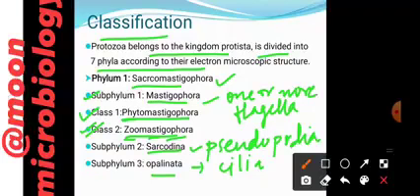Mastigophora is further divided into two classes, Phytomastigophora, where chloroplast is present, and Zoomastigophora, where it is absent. They may be free living, symbiotic or parasitic on animals, or we can say on humans.